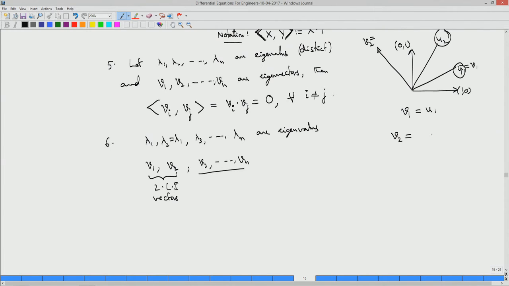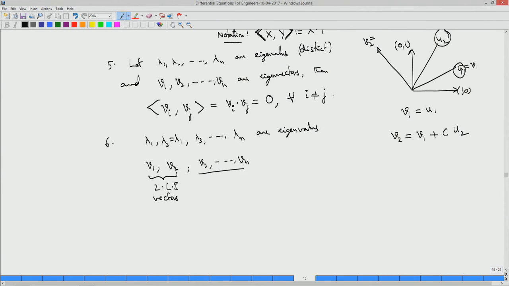This is called the Gram-Schmidt orthonormalization process. V1 is U1, and V2 is U1 minus some constant times U2.